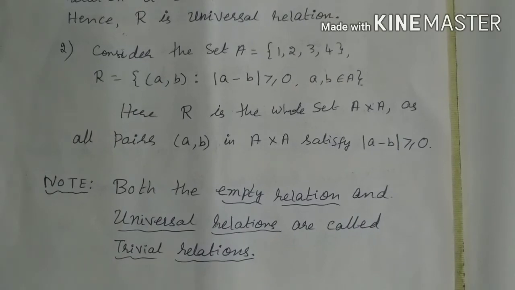Both the empty relation and universal relation are called trivial relations.